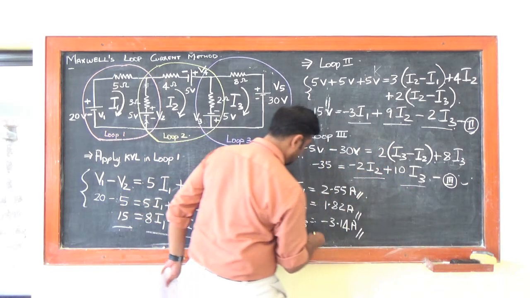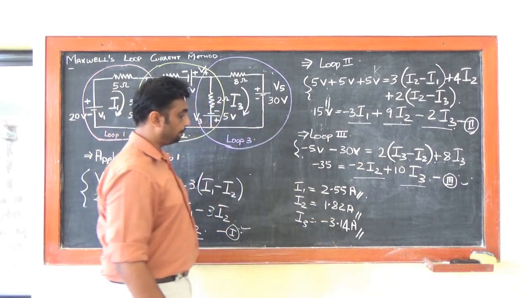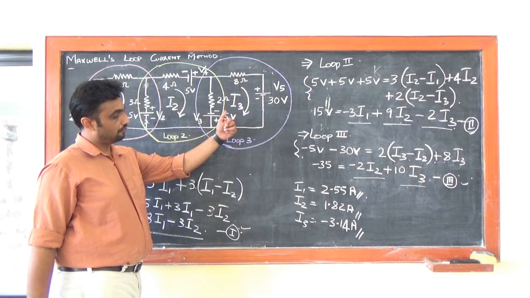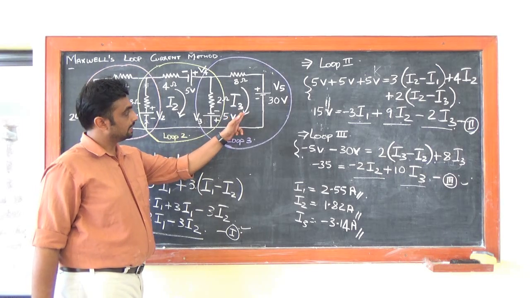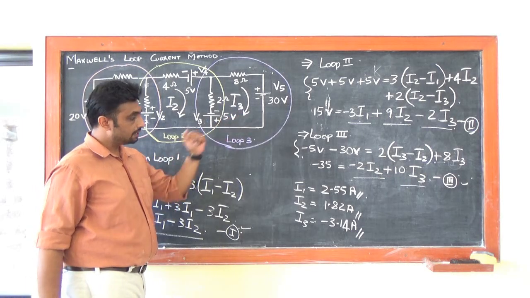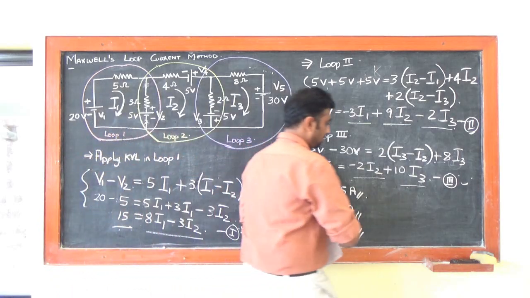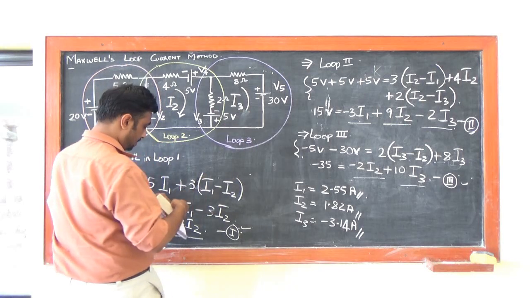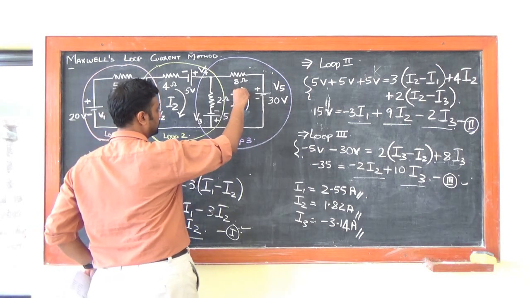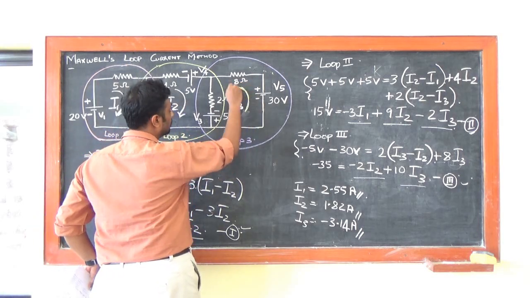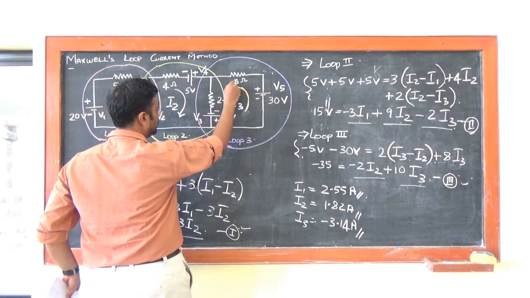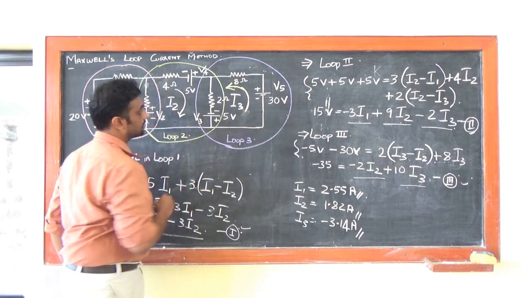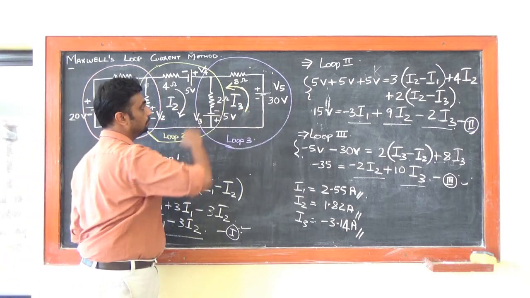Now the reason why this minus sign has come is because the direction we assumed for I3 is basically wrong. So if the direction is wrong, we have to correct it by changing this arrow sign from clockwise to anti-clockwise. So initially it was clockwise, we have changed it to anti-clockwise.